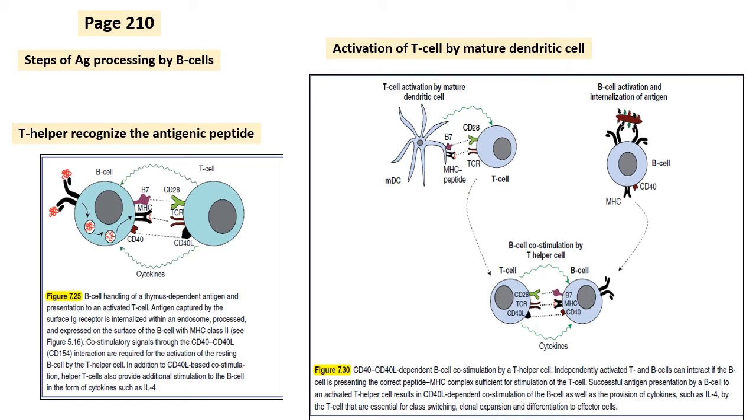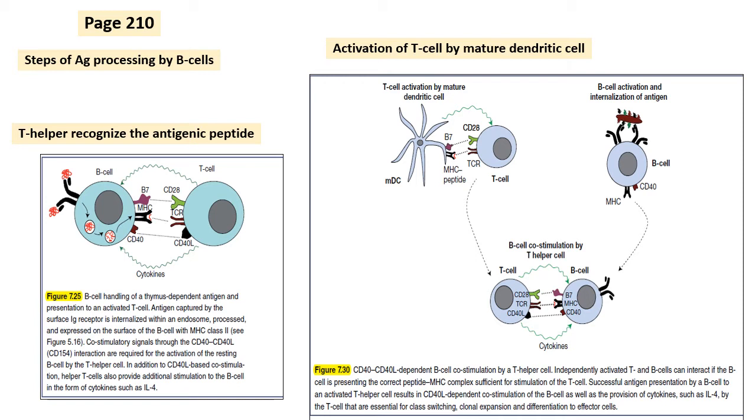As you can see in these figures, figure 725 and 730. Also, from these two figures, after the helper T cell recognizes the antigenic peptide in combination with MHC class II on the surface of the B cell, it will be stimulated and then stimulate the B cell to differentiate, proliferate, and produce antibodies.